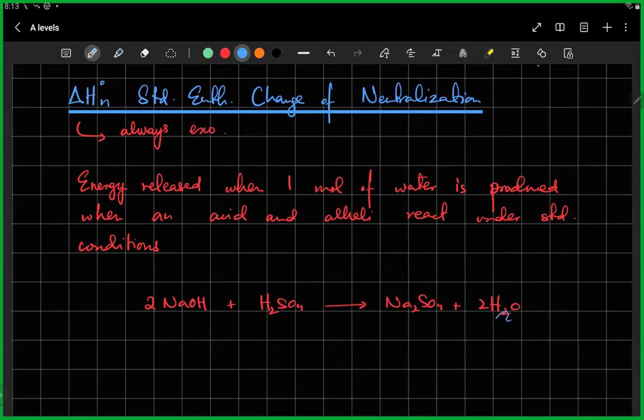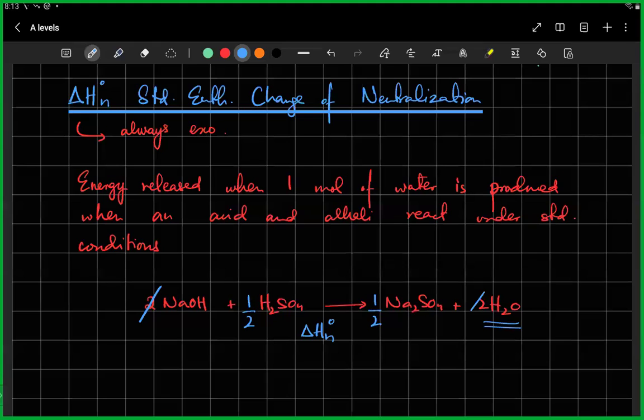But इसमें issue क्या है? Acid and alkali are reacting but it's not 1 mole of water that's getting produced. So if I divide the whole equation by 2, ठीक है, now the enthalpy change of this reaction would be delta HN. Is that clear?